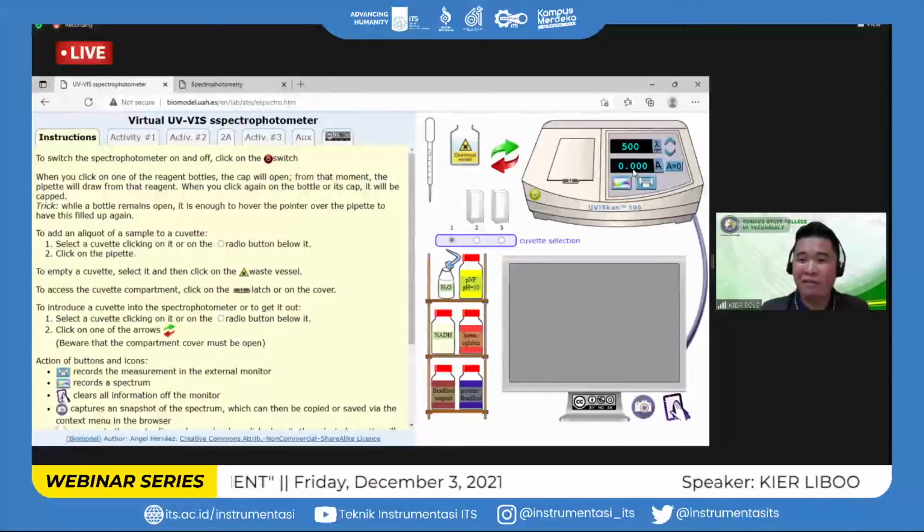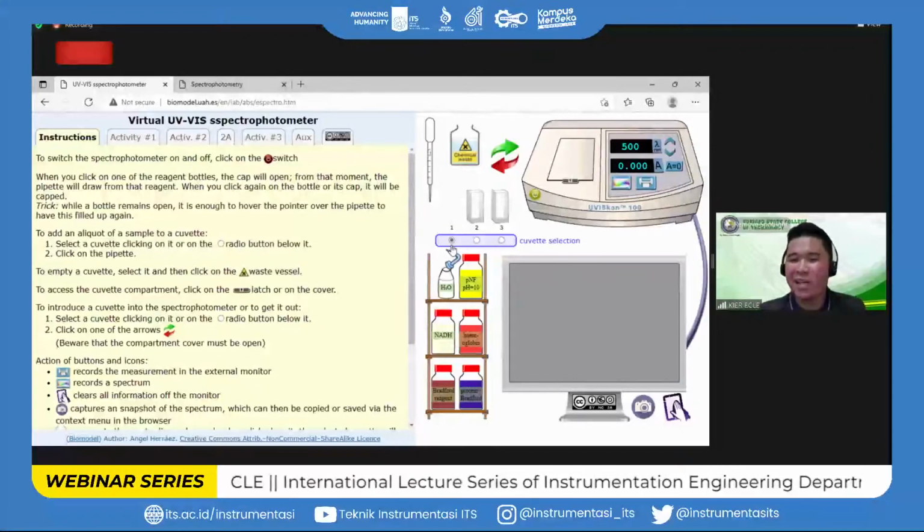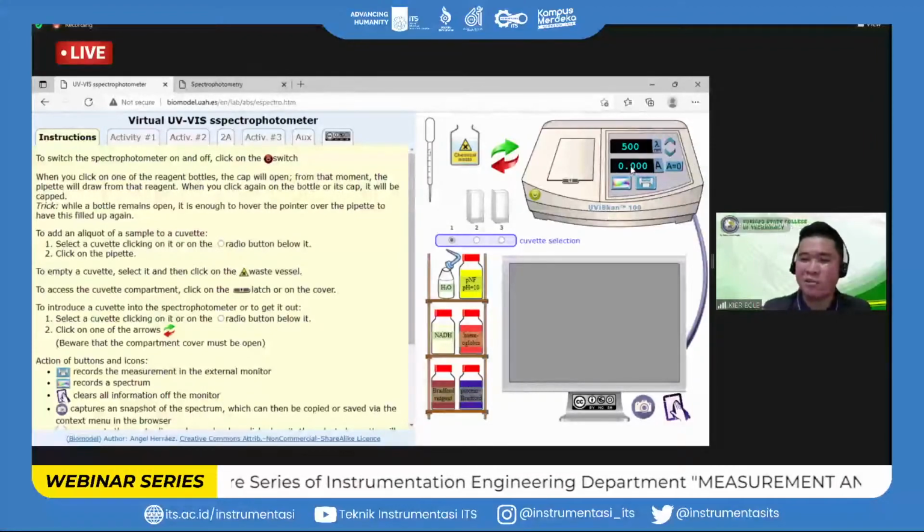Now you have the absorbance value for your blank solution, which is equal to 0.